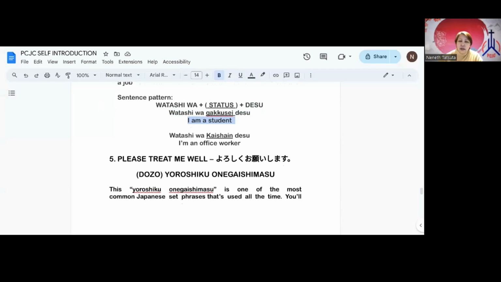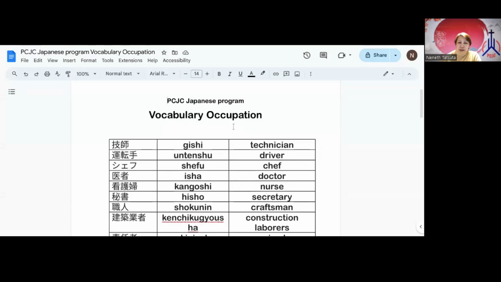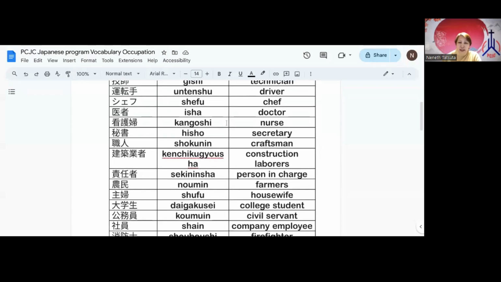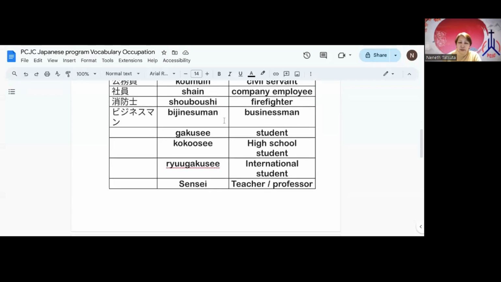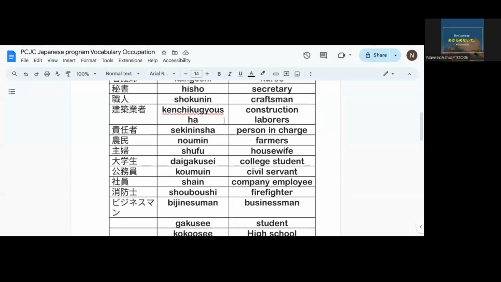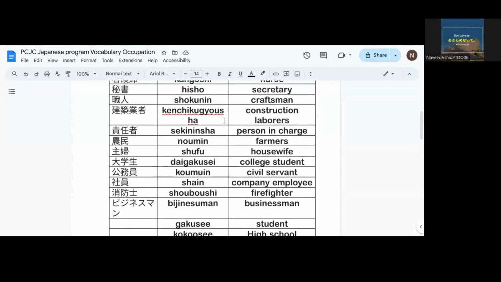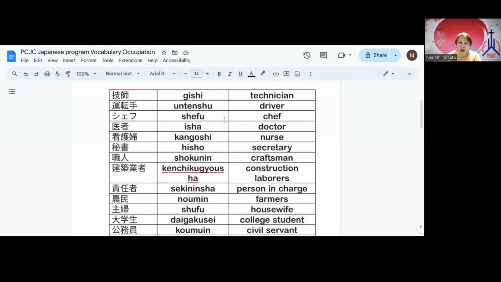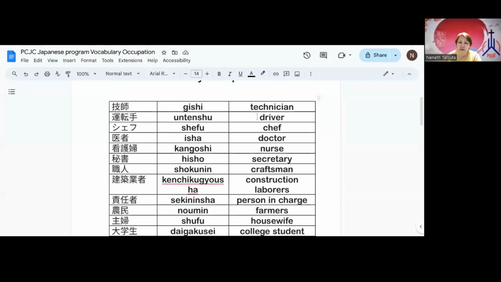Occupation. I shared this to you last night. I hope you read this or opened it. For example, you are a driver. If your work is a driver, watashi wa untenshu desu.